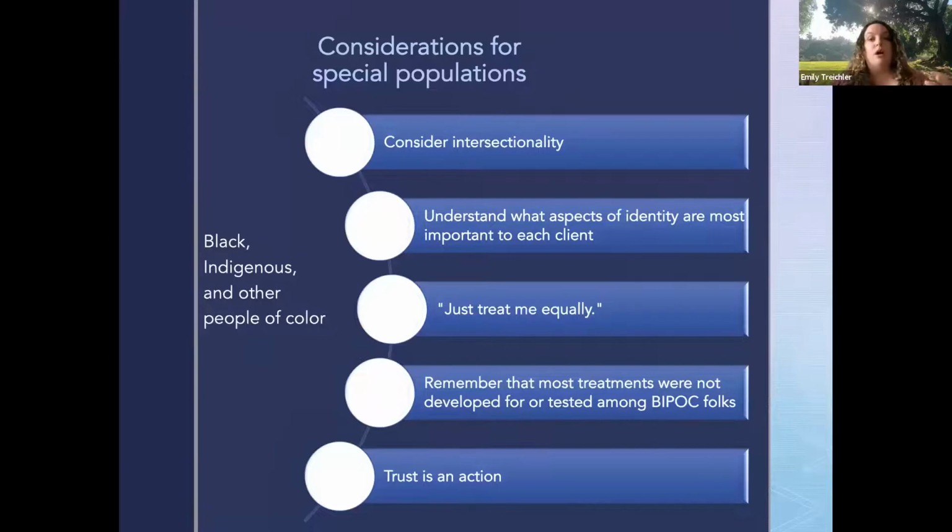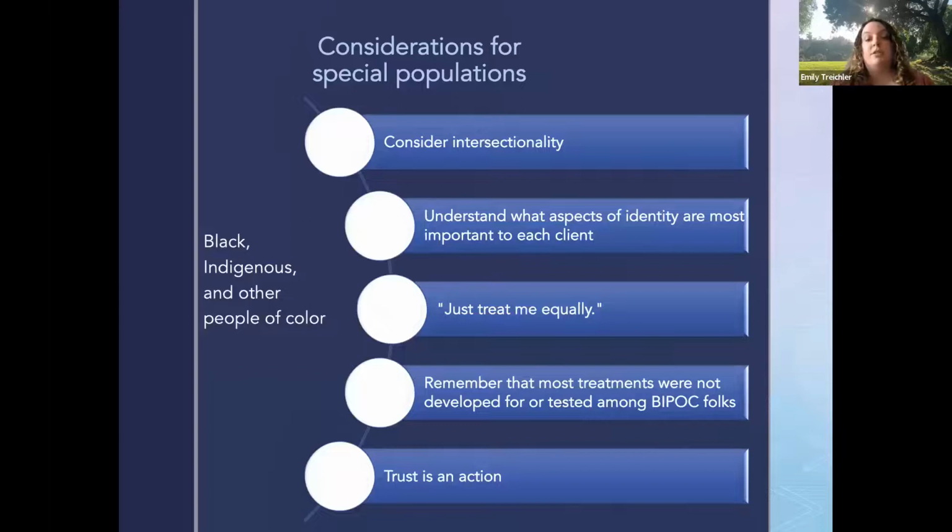And ensure, to the best of our ability and with so much humility to our own flaws, our own lack of perfection, but to the best of our ability, that we provide equal access to care and equal quality of care to Black, Indigenous, and other people of color as we do to white clients. So that is the top thing that I think I hear at this point.